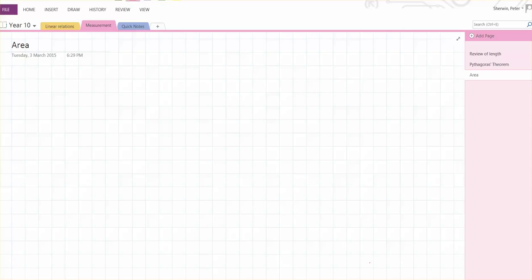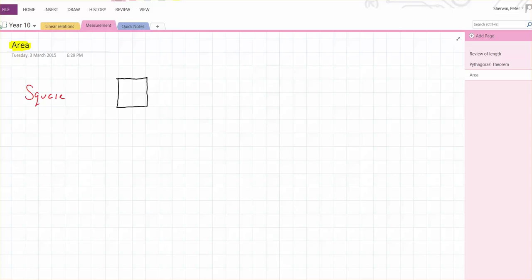So firstly, our focus area is area. Okay, so let's go through the shapes that we need to understand. For a square, you know what a square is.